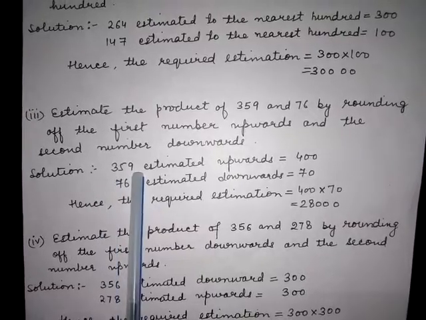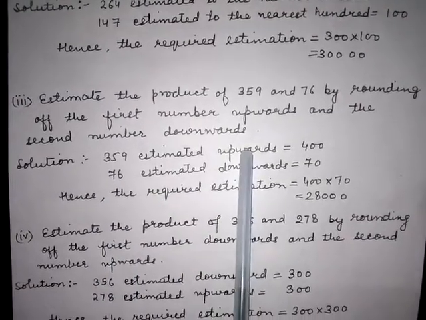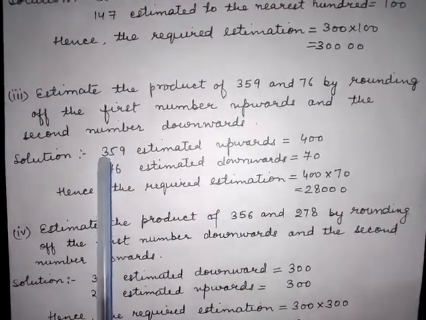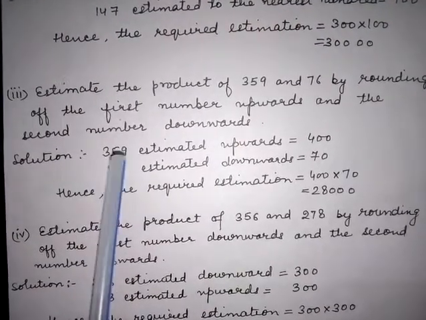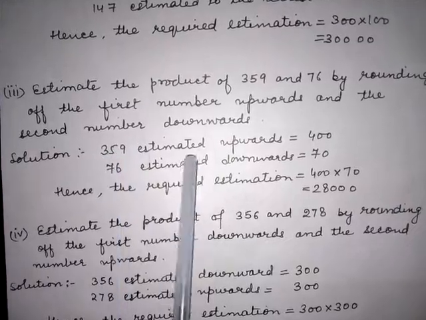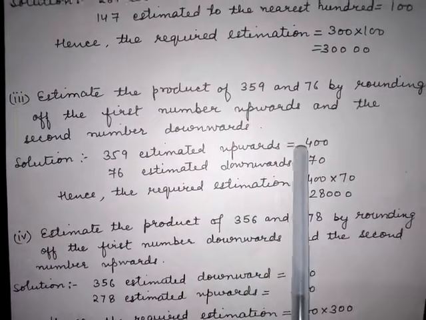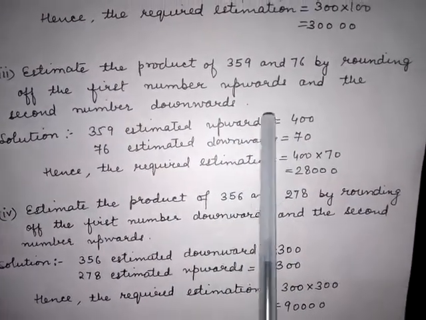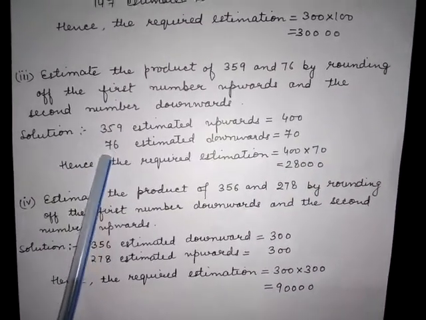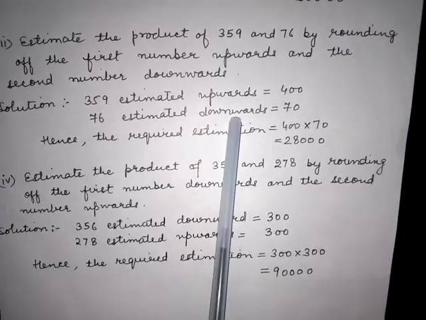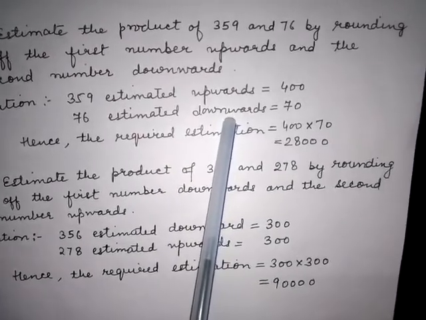So 359 estimated upwards, we can round off this 359 to the nearest 100. We have possibilities. So when we are rounding this 359 to the nearest 100, estimated upwards, it is equal to 400. And 76, we have to estimate downwards. You have to move backward.